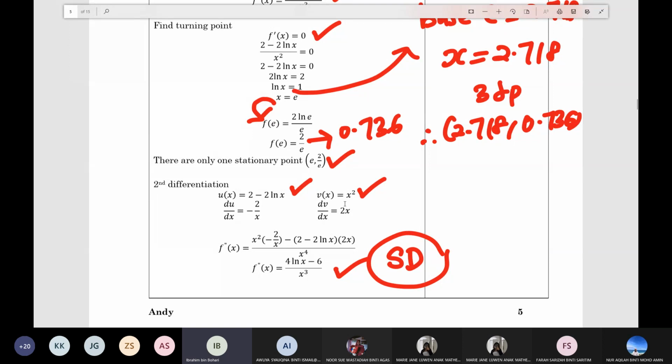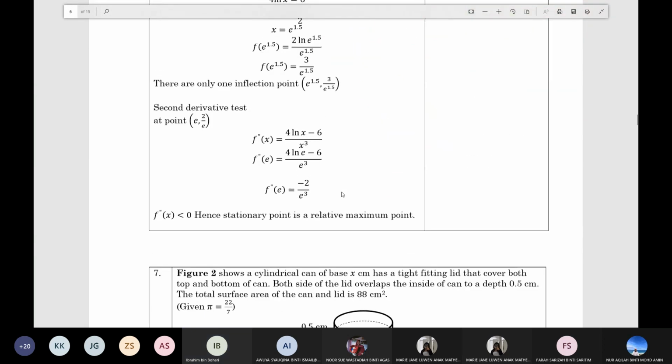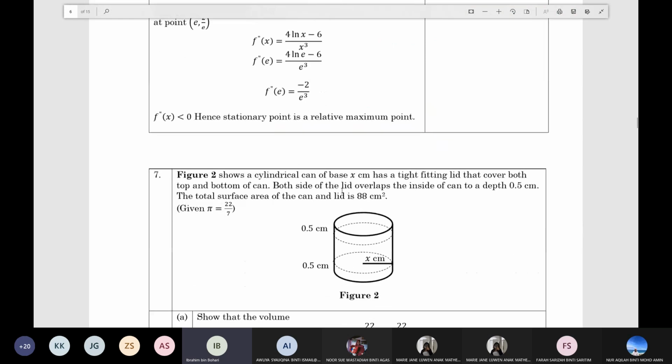Using the second derivative test to determine the relative maximum point, you substitute the value into the second derivative.